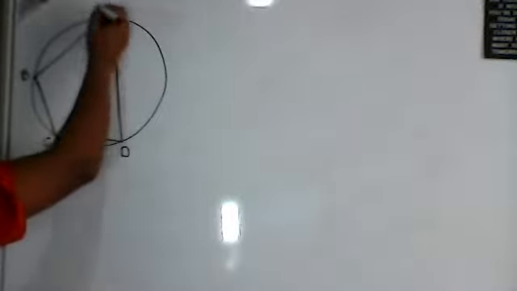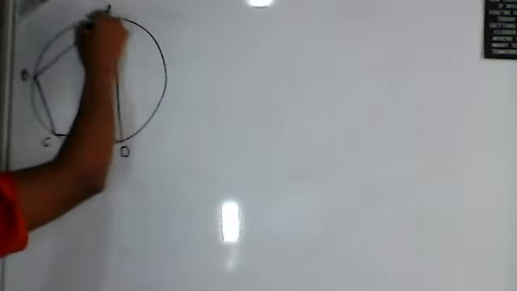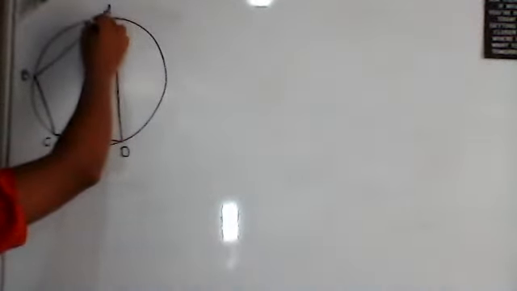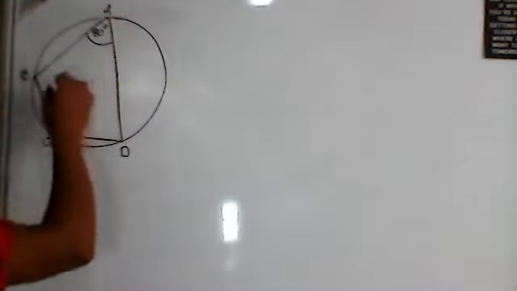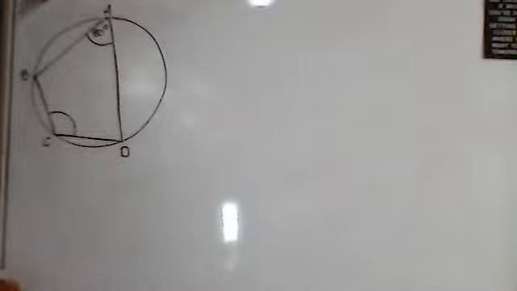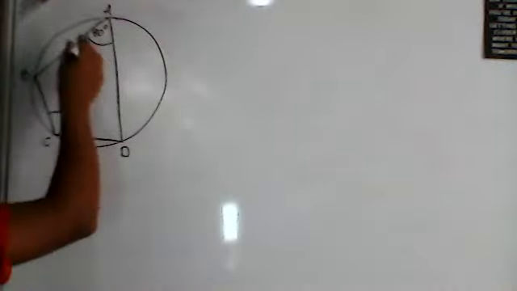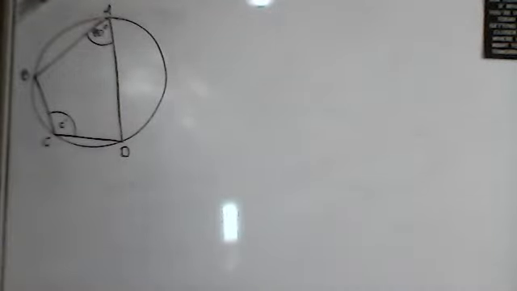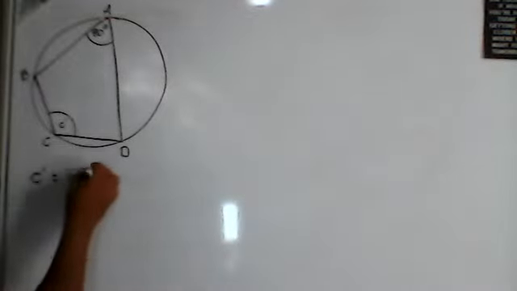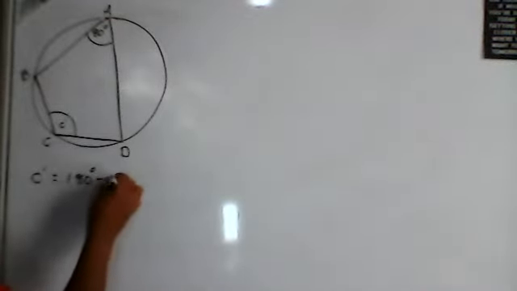Right. Just for interest's sake, let's suppose that angle there is 80 degrees. Then this angle we can easily find by using Theorem 7. So if that's 80 degrees and we want to find this angle C here, then angle C will equal 180 degrees minus 80 degrees.